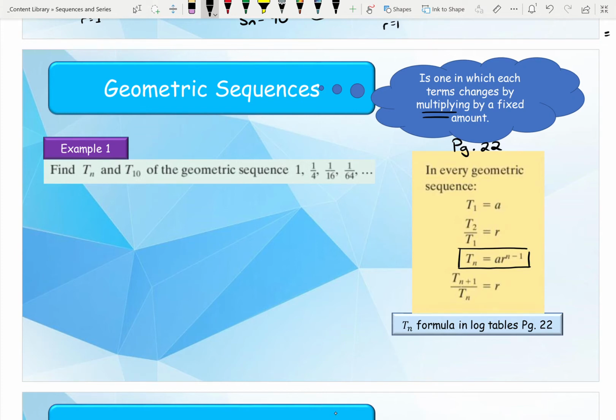Now most things stay the same. a is our first term, T1. r stands for our common ratio, which is one term over the term before it. So for example, T2 over T1, which in general can be written as Tn plus 1 over Tn. And again, this is the rule we're going to use to prove that a sequence is geometric.